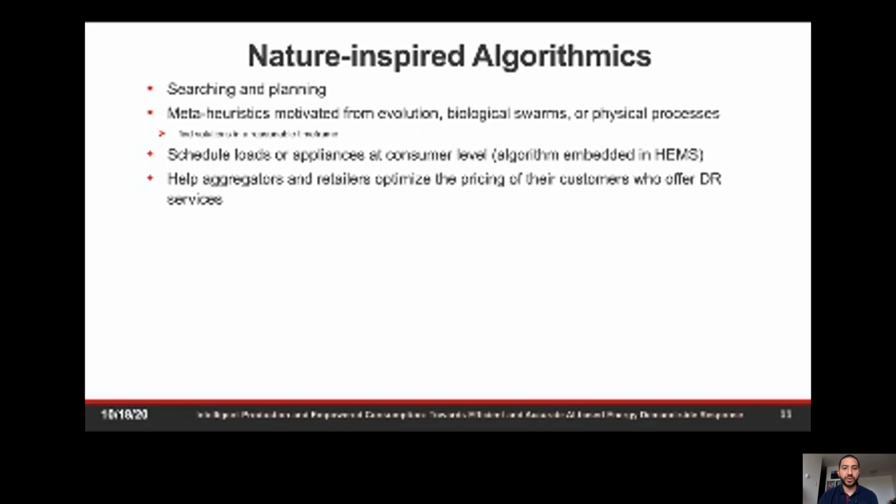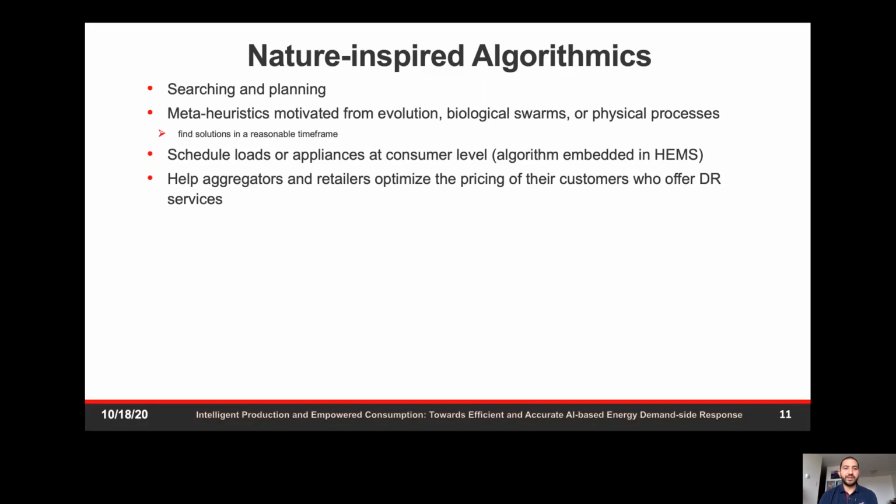They're usually used for searching and planning. The metaheuristics approach is motivated from evolution, biological swarms, and/or physical processes that exist in nature.